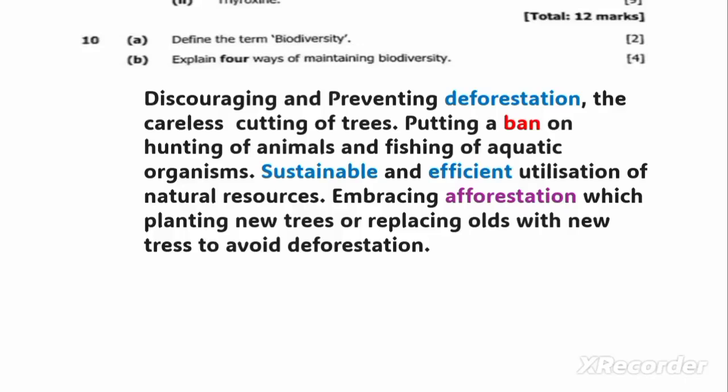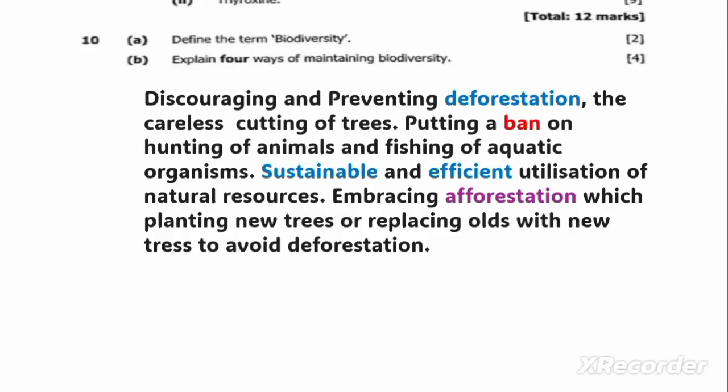Sustainable and efficient utilization of natural resources. A careful and responsible use of natural resources will help to preserve biodiversity. Embracing afforestation, which involves planting new trees and replacing old ones with new ones to avoid deforestation.